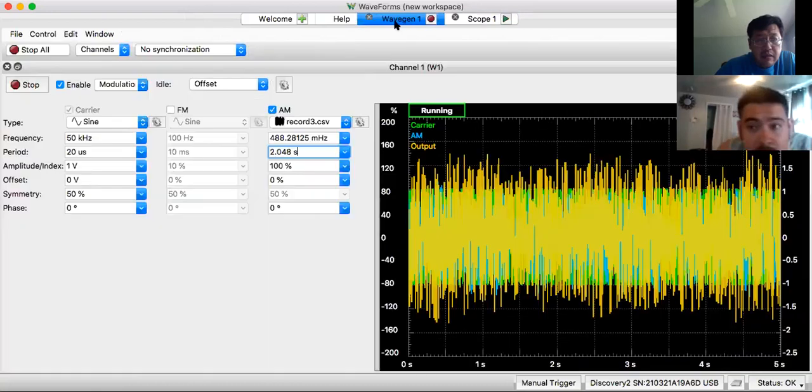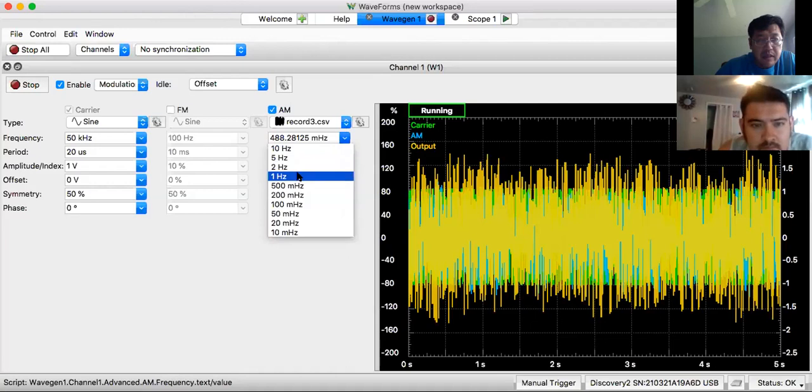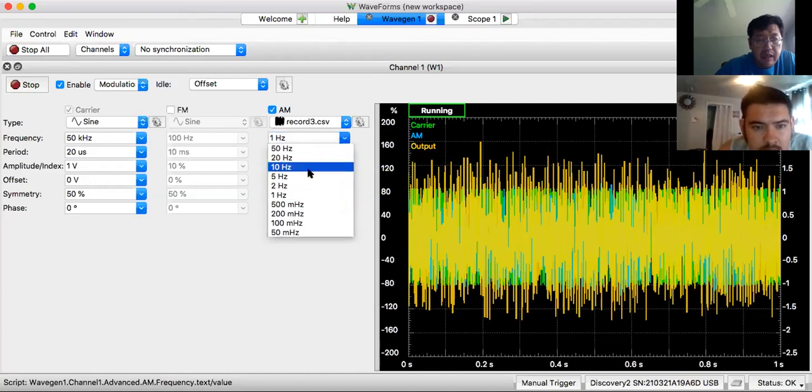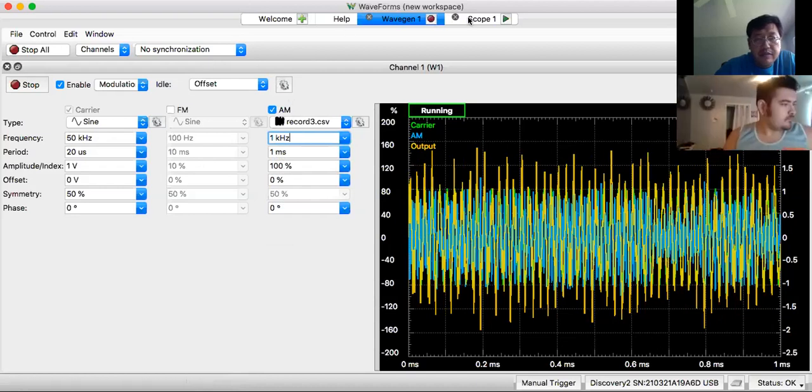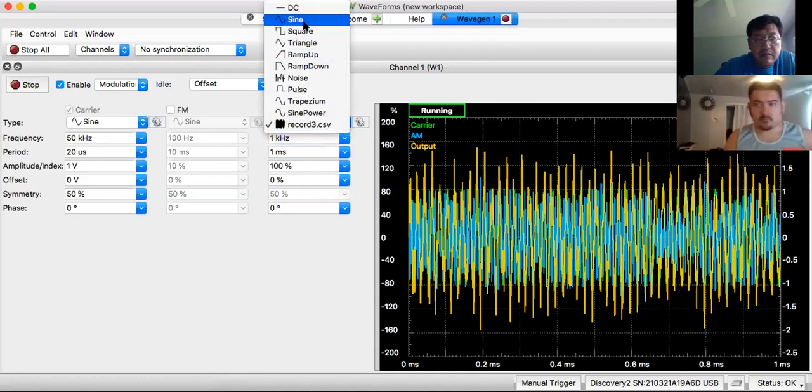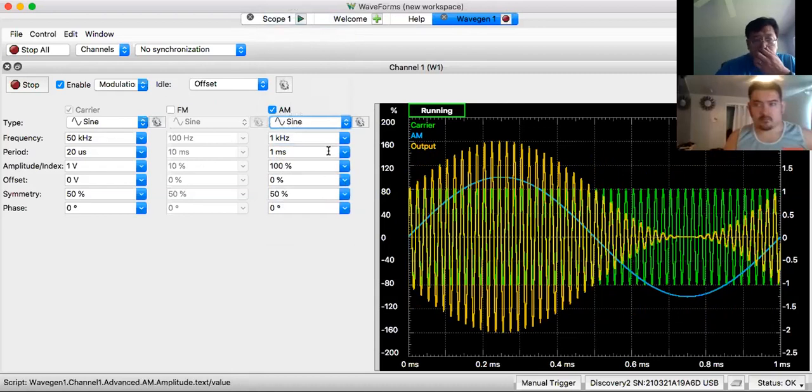So let me change the wave gen. The wave will be the AM signal. The modulating will be 1 kilohertz. Not 1 hertz, 1 K. So we will use 1000 hertz sine to modulate 50,000 hertz sine. So let's look at the results. All right, we will use 1000 hertz sine to modulate 50,000 hertz sine.